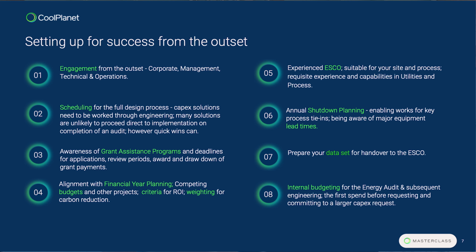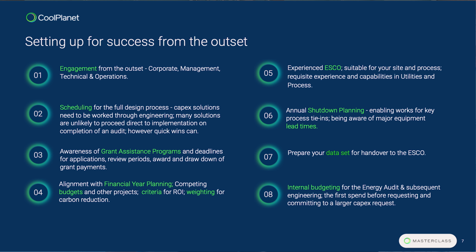So just to give a quick recap on what Jason and I summarised this time last year, we set out a number of key success criteria for delivering decarbonisation projects, and almost top of the list every time is engagement.